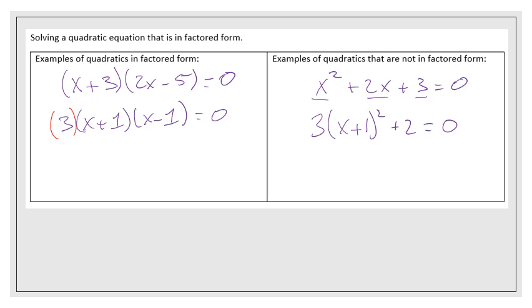That is an example of a quadratic in vertex form, not factored form. And then one more. Let's say we have x times the quantity x plus 1 equals 0. That too is in factored form because even though it's not shown, I could put that x by itself in parentheses. So that's one factor, x, and the other factor is x plus 1.